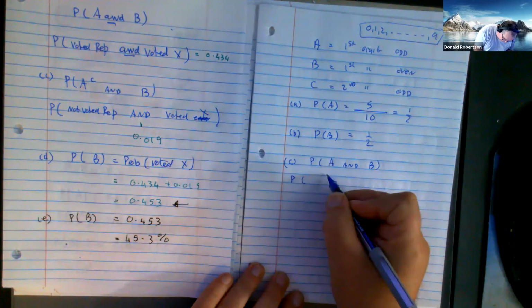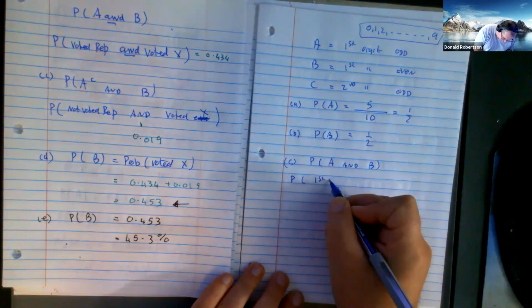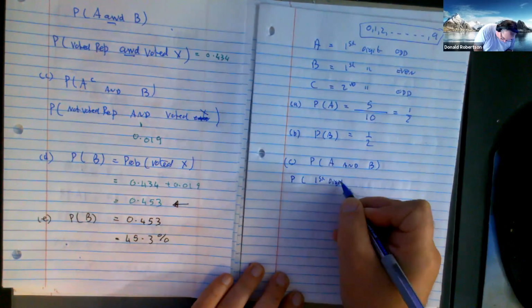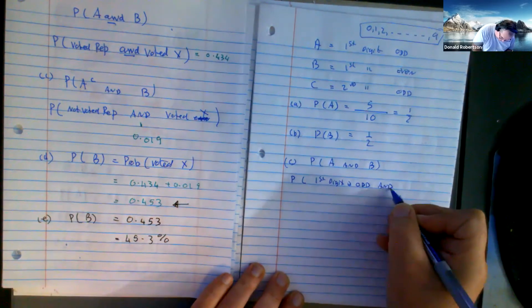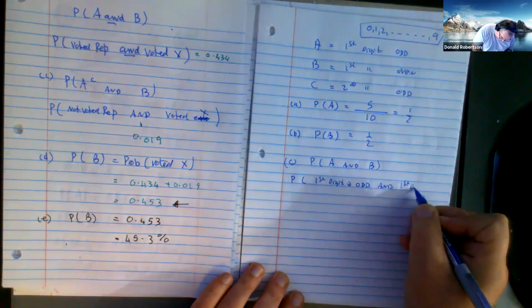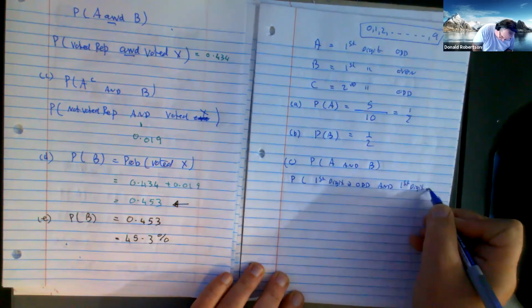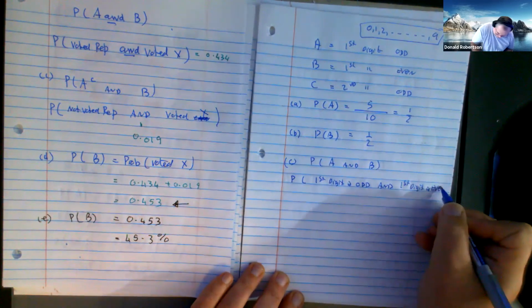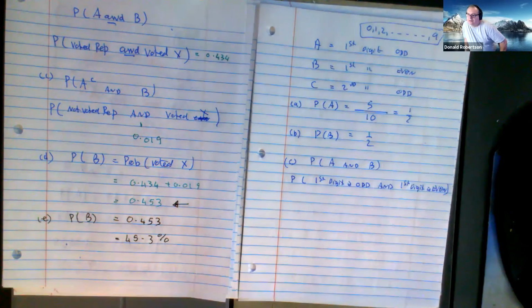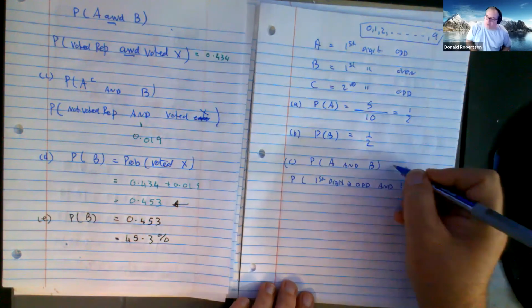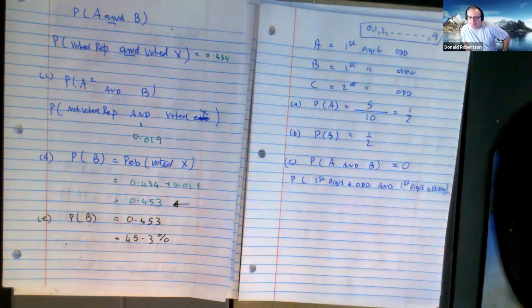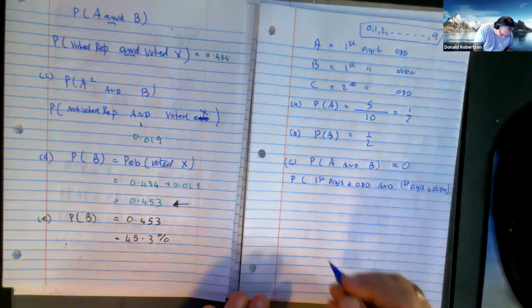What's the probability that the first digit is odd and at the same time the first digit is even? It's a trick question. What's the problem? Yeah, because you can't have both, right? You can't be both at the same time.